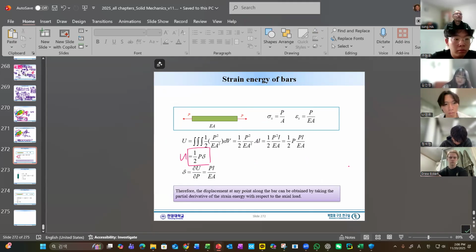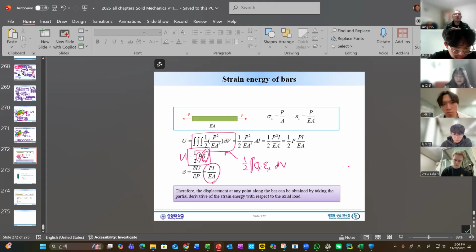This is actually the first term of sigma x and epsilon x dV, and we get P delta, and delta we already know. We put it here. Well, it looks like we already know the answer.